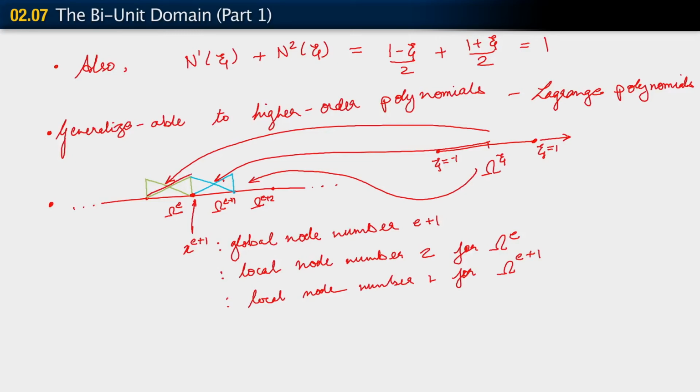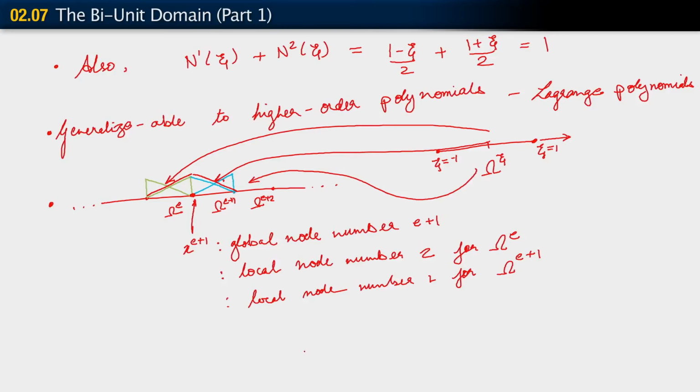I'm going to sort of emphasize it, and I'm drawing it in red, but it's slightly off the actual line describing the basis functions, right? And I'm doing that just so that you can see the underlying element level basis functions, which when put together give us what may be called a basis function corresponding to node xe plus 1, okay?